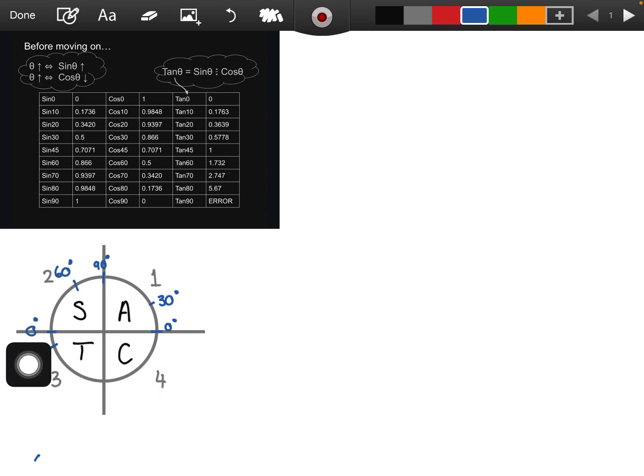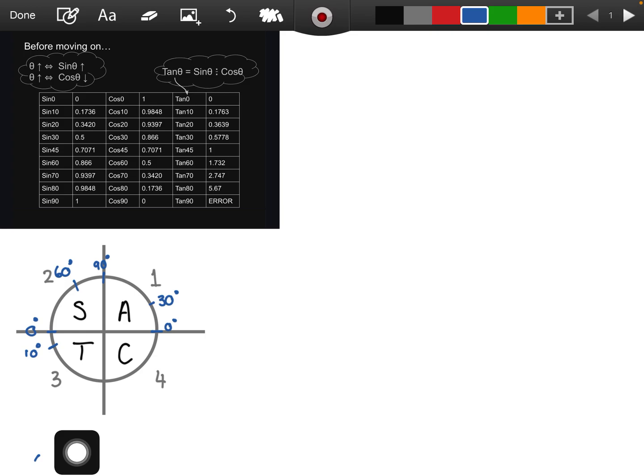At this point, it's going to be the sine of 10, but because I'm in the quadrant where sine isn't positive, my answer is going to be a minus 0.1736. And we can show all these possible answers moving around the circle in one graph.